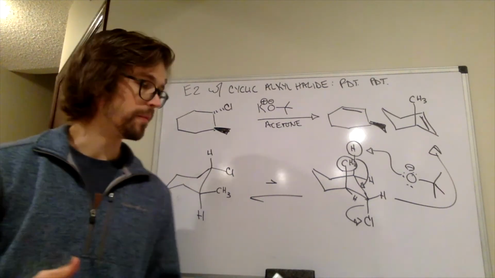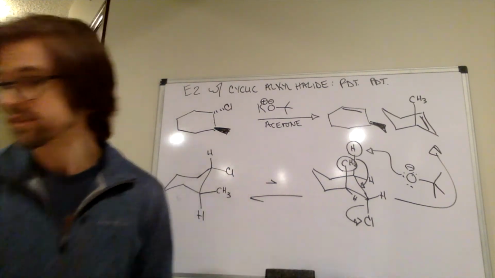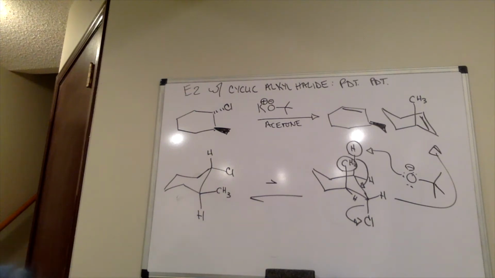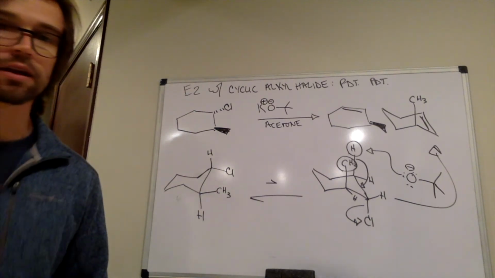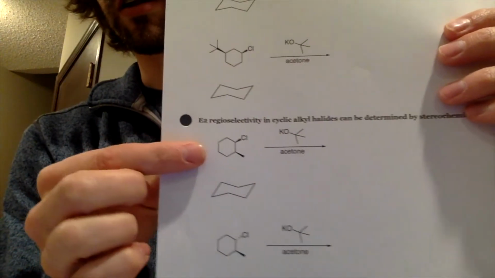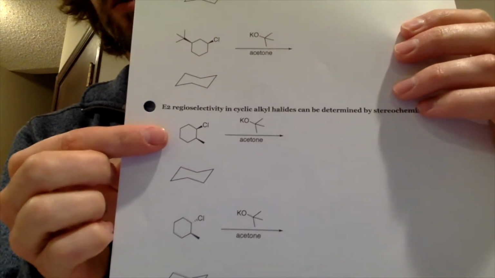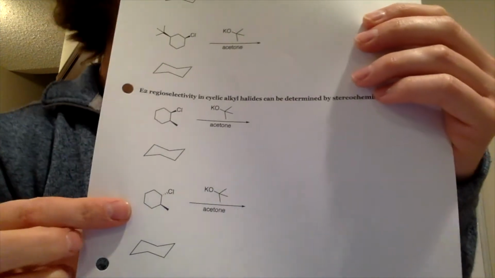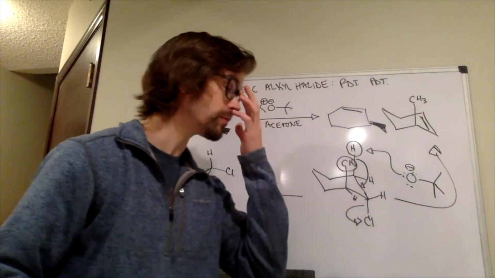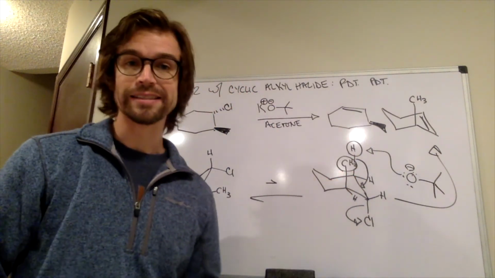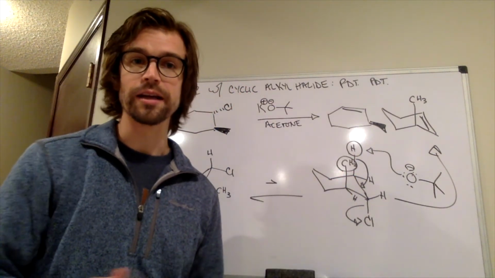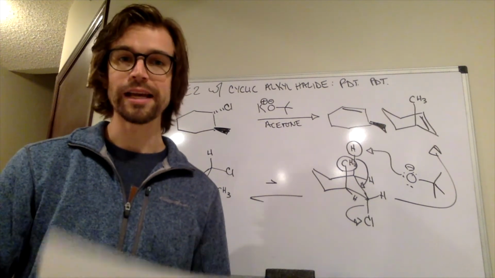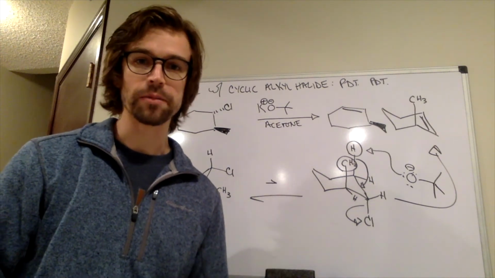So the stereochemistry of the starting material has a really big impact on what product can form. We saw that the major product for this cis species was the tri-substituted alkene, but this trans species only forms the di-substituted, the less stable alkene, because of the stereochemical necessity for an antiperiplanar hydrogen.